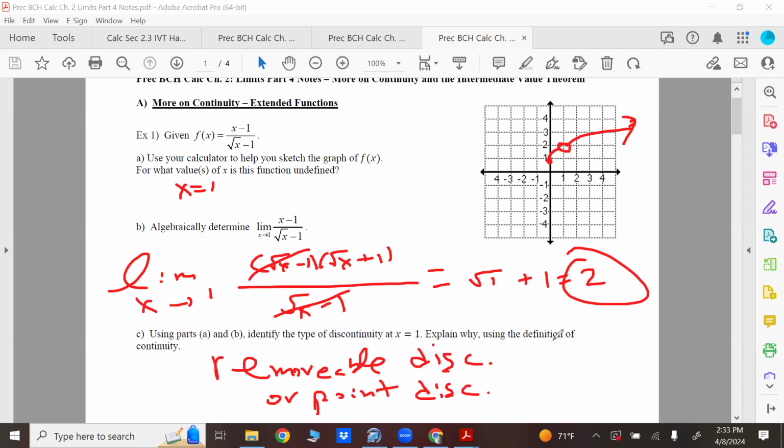Well, here's the thing. f of 1 does not exist, right? But the limit as x approaches 1 does exist, right? It's going to be 2. Whenever that happens, or if f of 1 does not equal the limit, we call that a removable discontinuity.